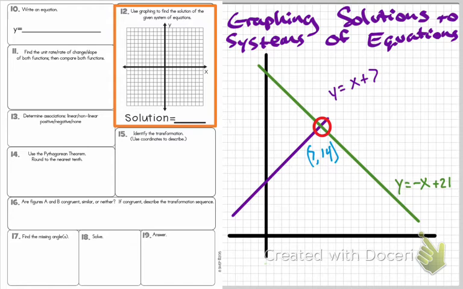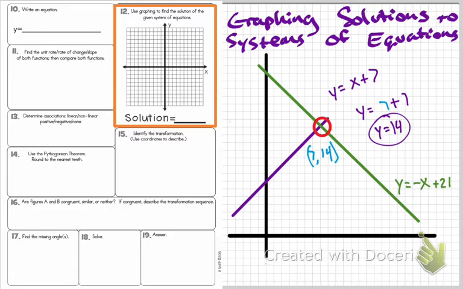If I replace 7 in my equation, or my x value in the equation, so I'm going to replace x with 7 in my equation, well, I would notice that y equals 7 plus 7, and that means y equals 14. Notice the y value was 14. If I do the same thing in my second equation, I'm going to replace the x with the x value that was given to me, in this case 7.